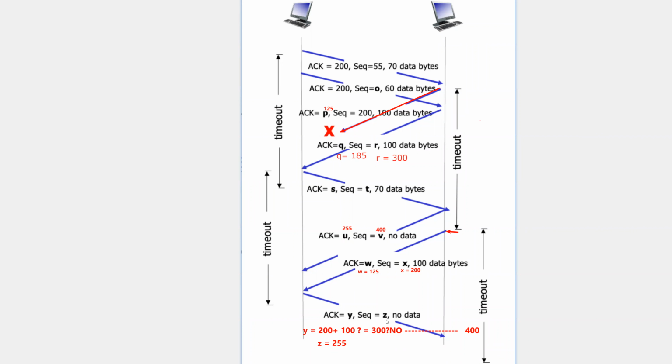So this one is the hardest one. Why is the value of Y 400?